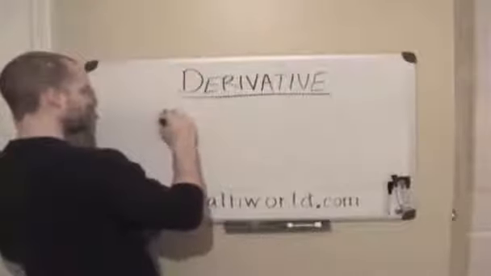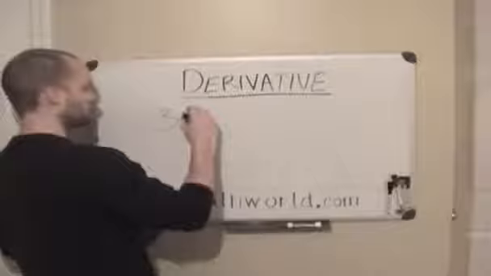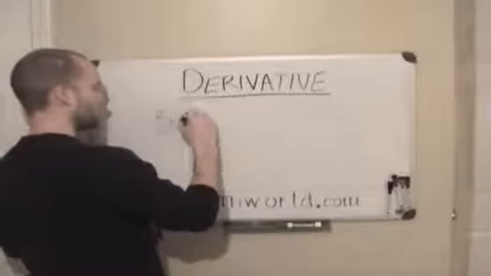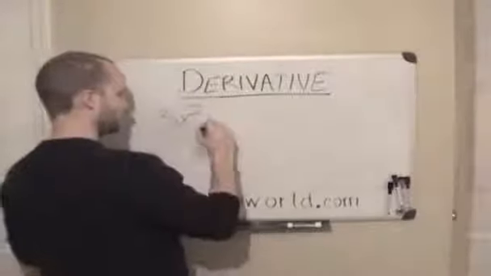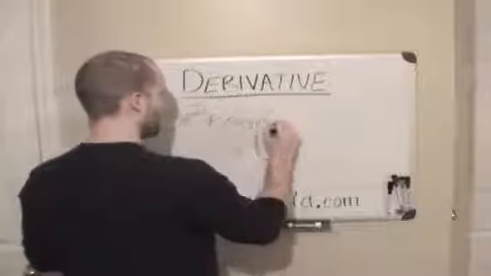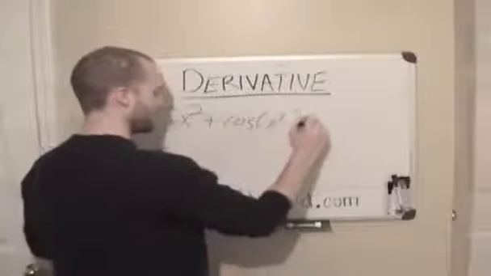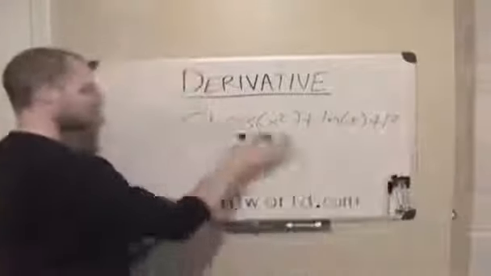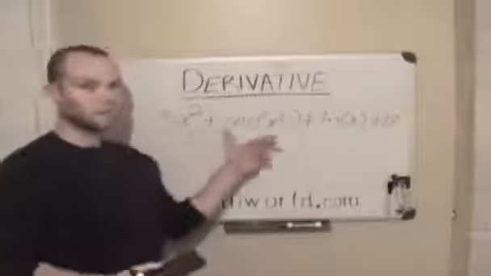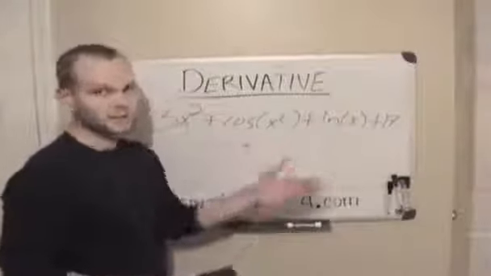And we're going to take 3x squared plus cosine x squared plus ln x plus 17. So as you can see here, this is a little bit more complicated than just 3x squared plus x plus 7.